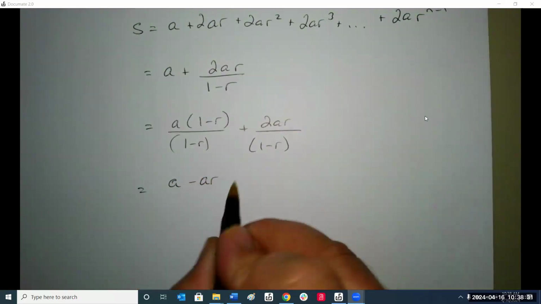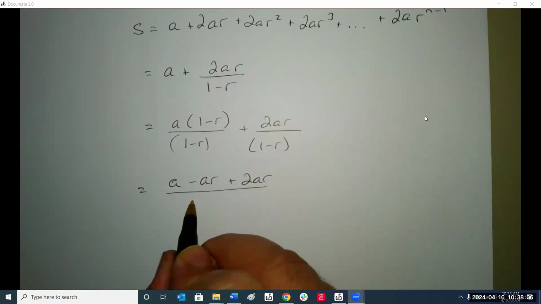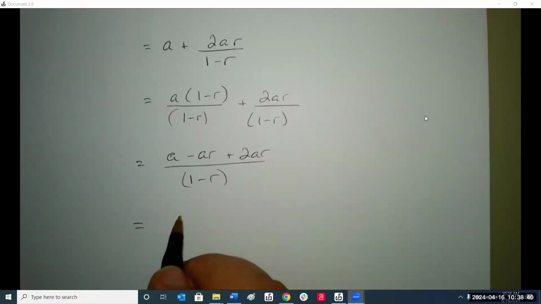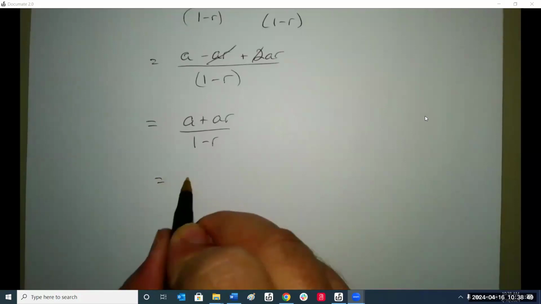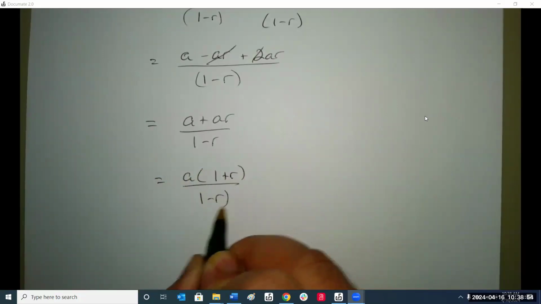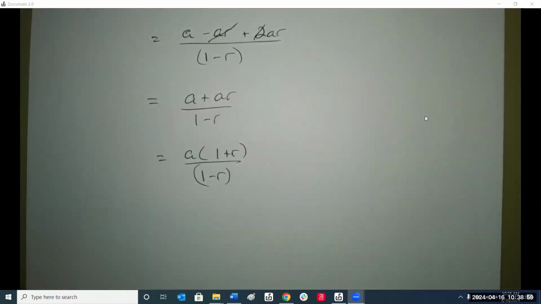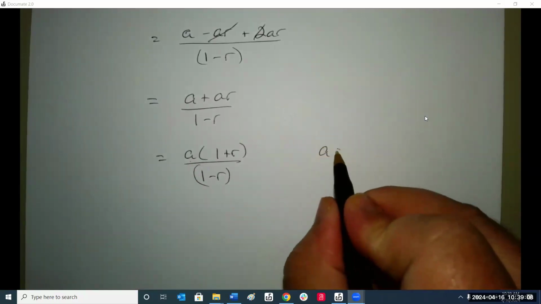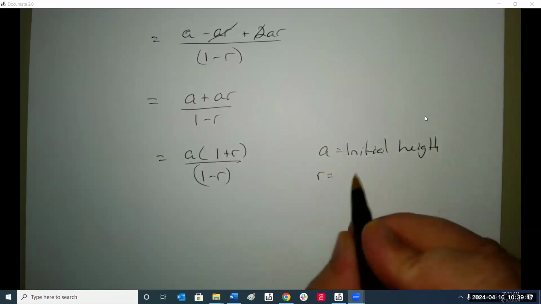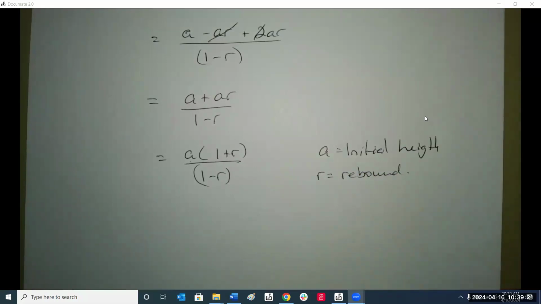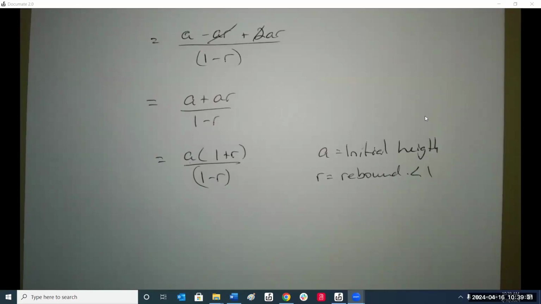We have A minus AR plus 2AR over 1 minus R, which is A plus AR over 1 minus R. So A is the initial height and R is the rebound, less than 1. Yeah, so that's it.